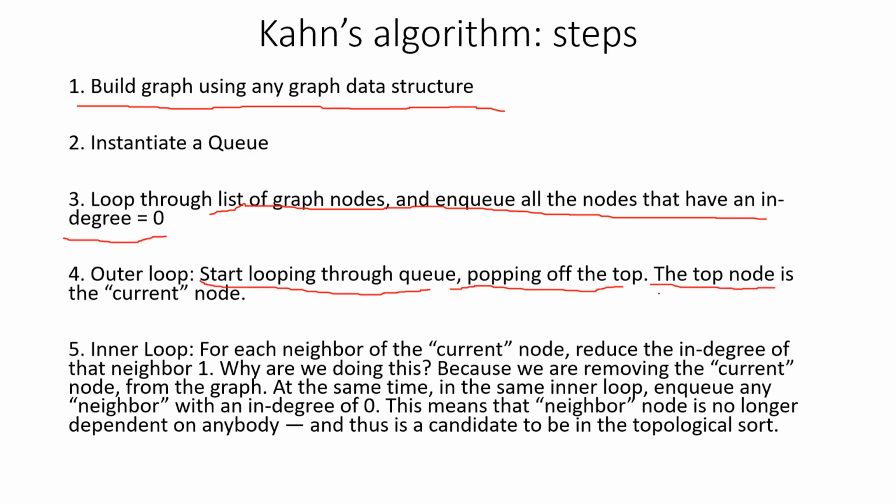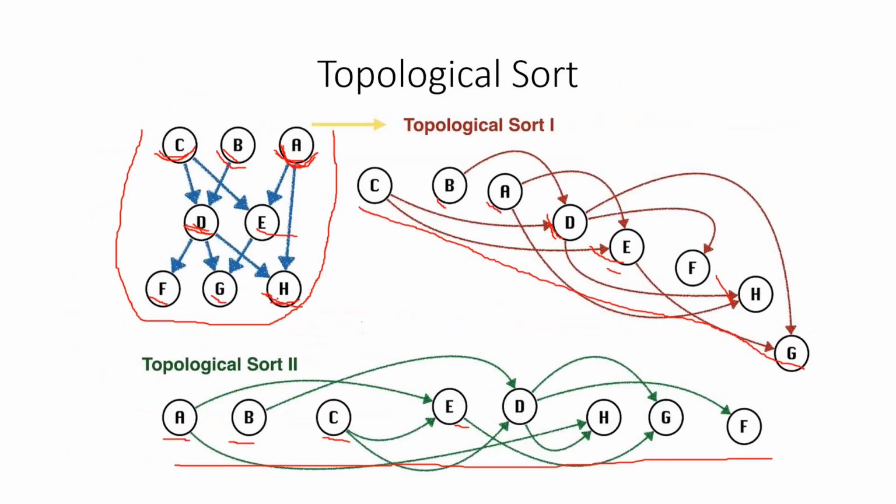The top node is the current node, and from that node we take all the neighboring elements. For example, we take A from the queue, and we take all the neighboring elements of A, which are E and H.